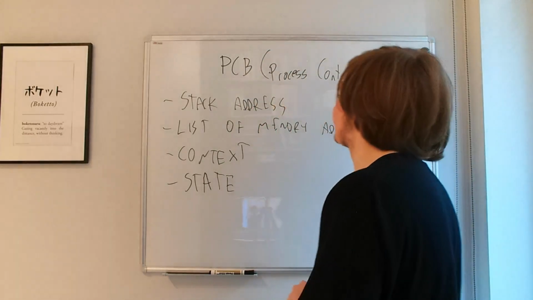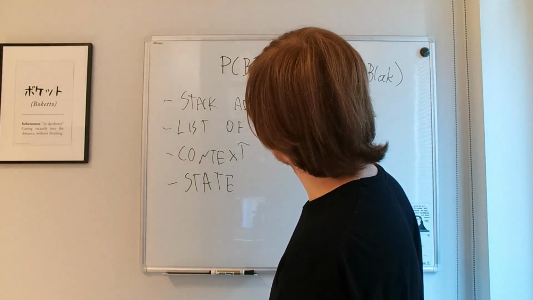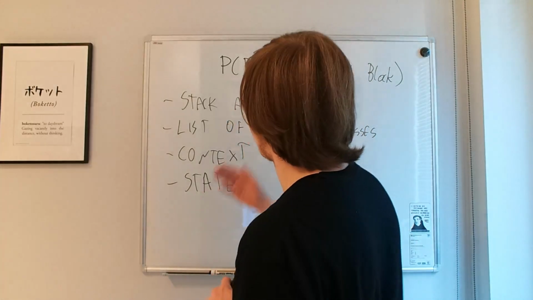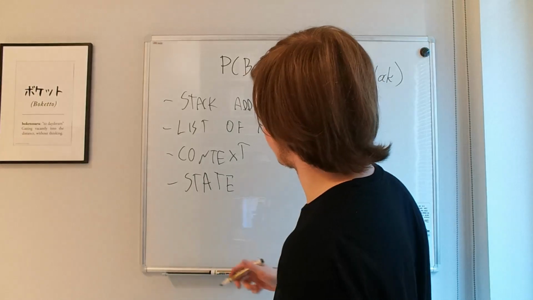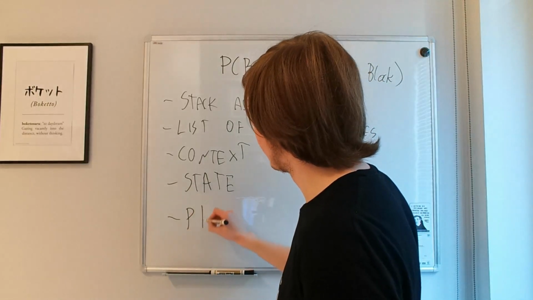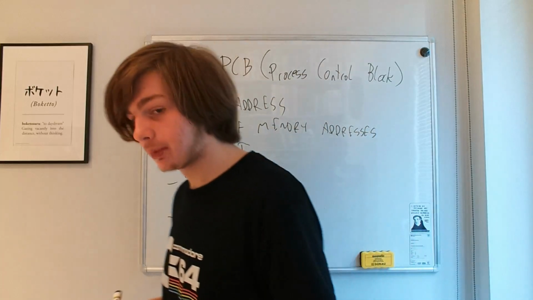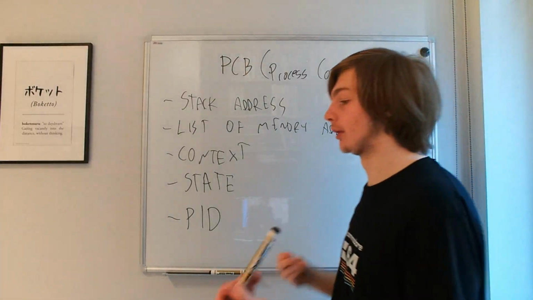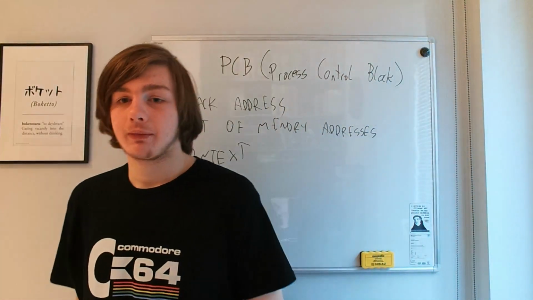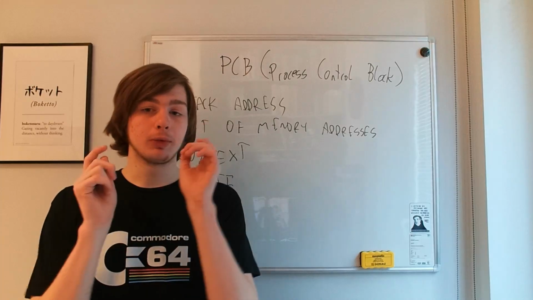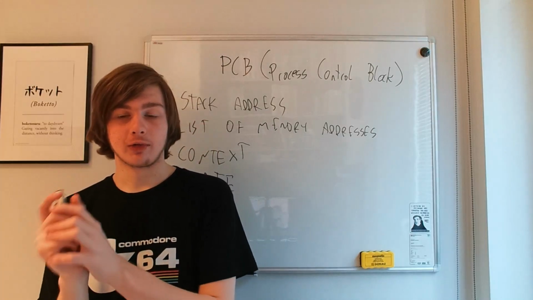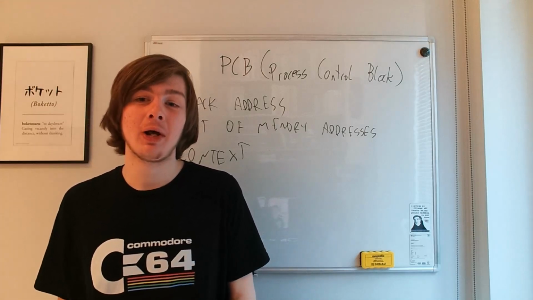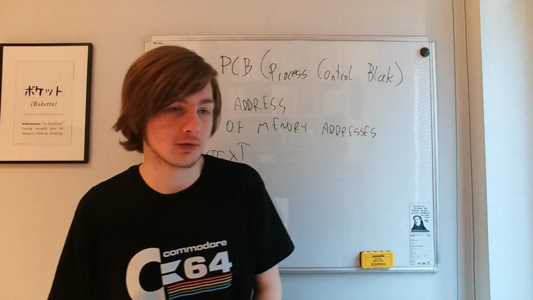Right? So when it comes to initiating processes, obviously also in this process control block you need some PID, or process ID. I think that's relatively clear, because you need some unique way to identify the process if you, for example, later want to kill it, or perform any operation on it for that matter.